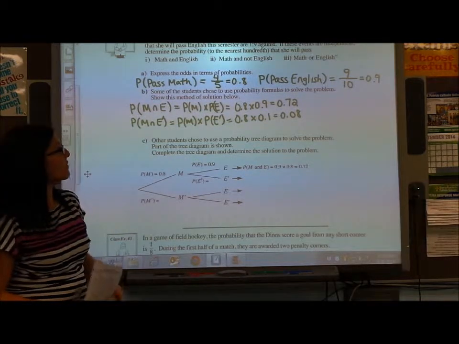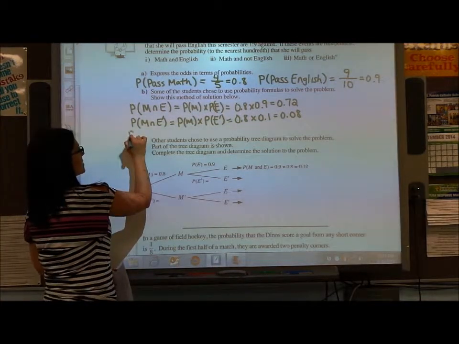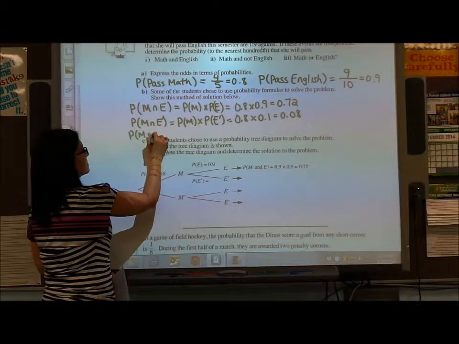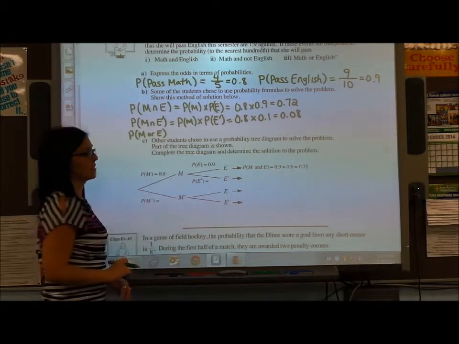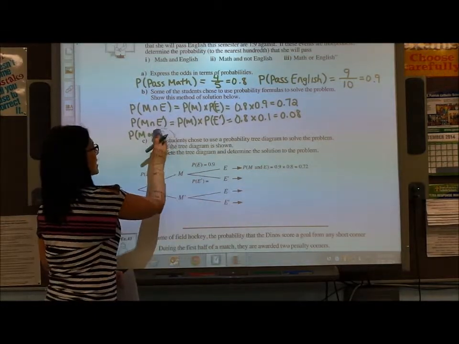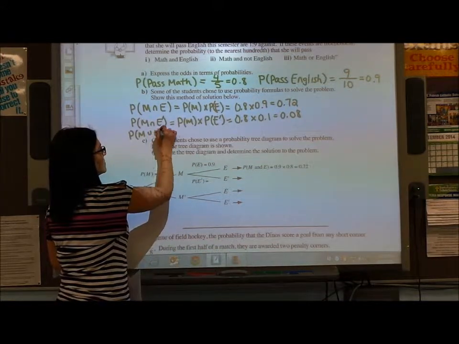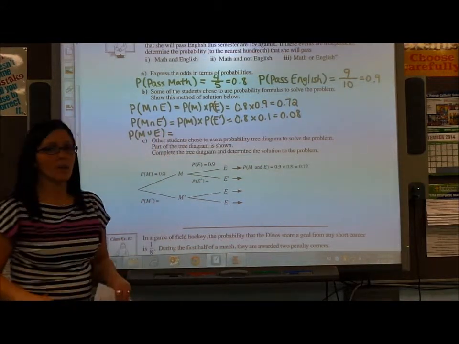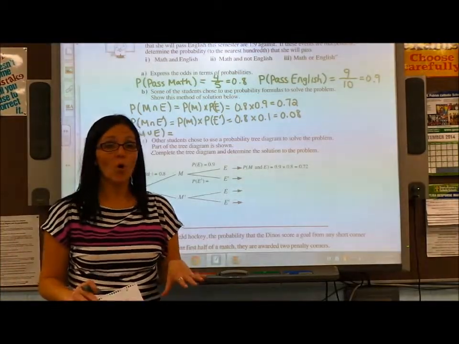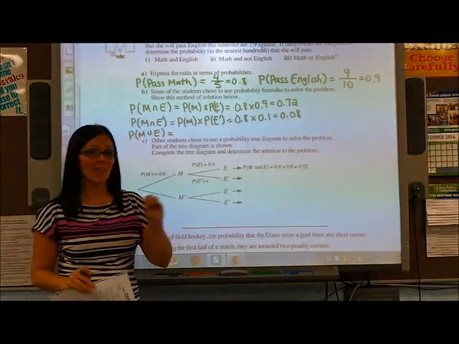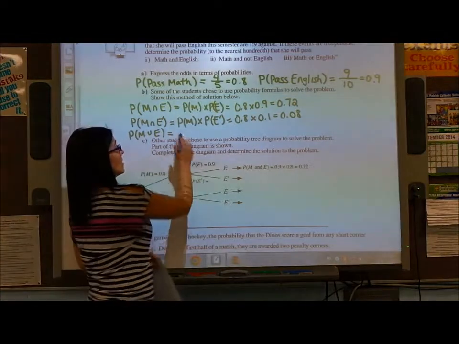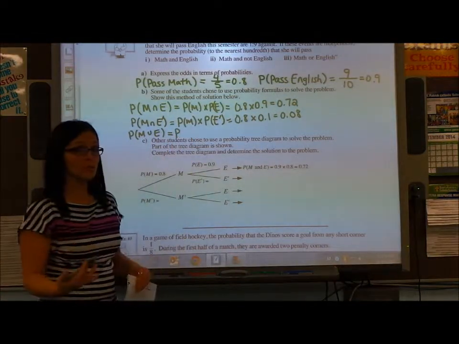And finally, math or English. So the symbol for that should actually be the U. So there is some overlap here. She could pass math and she could pass English. So these are not mutually exclusive.